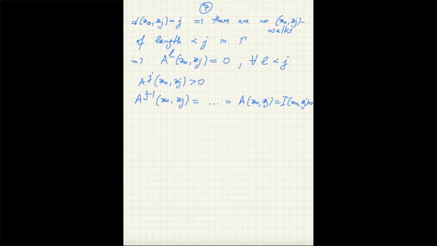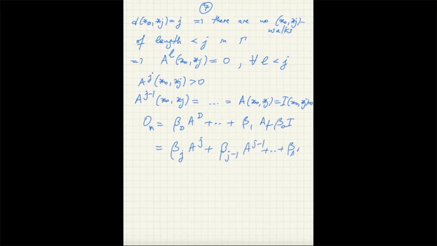Now, our linear combination was of the form 0 = beta d A^d plus ... plus beta 1 A plus beta 0 identity, but from the definition of j that is the same as beta j A^j plus beta j minus 1 A^(j-1) and so on, plus beta 1 A plus beta 0 identity. So we have the 0 matrix on the left, and it equals this matrix on the right.